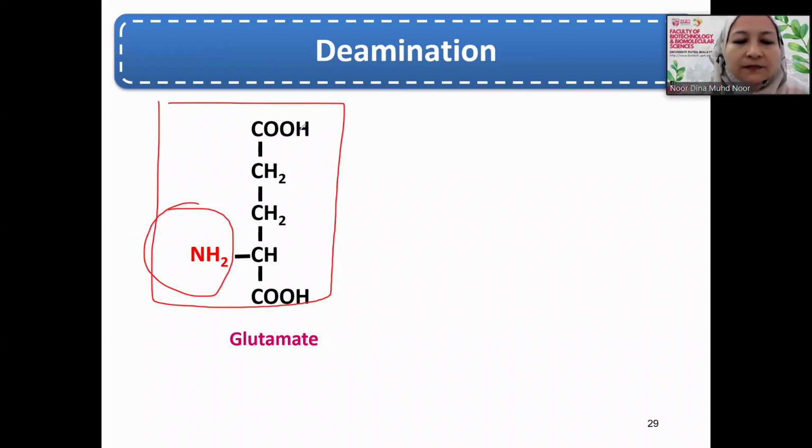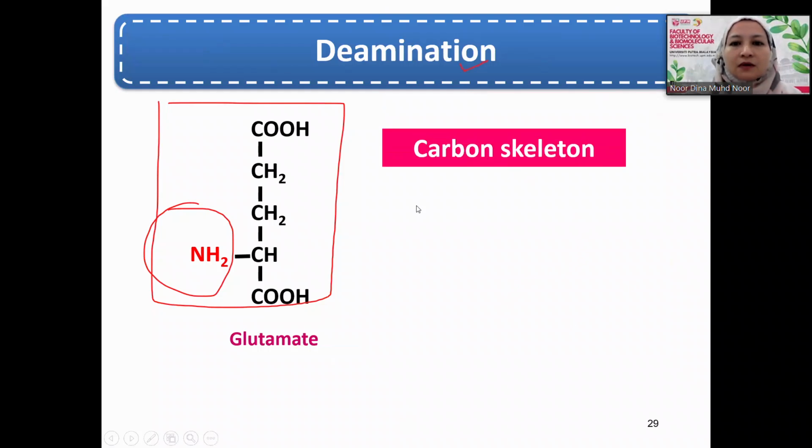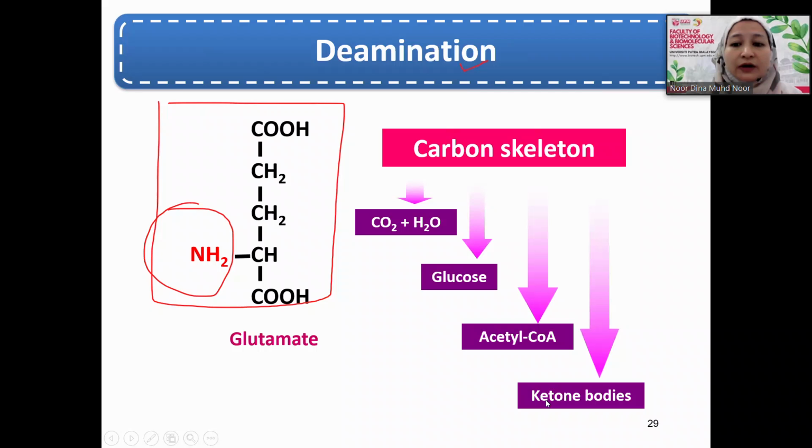The end product of transamination is where we have a high concentration of glutamate, and removing this amino group is what we call deamination. What's left is the carbon skeleton, so we have acetyl-CoA and ketone bodies.